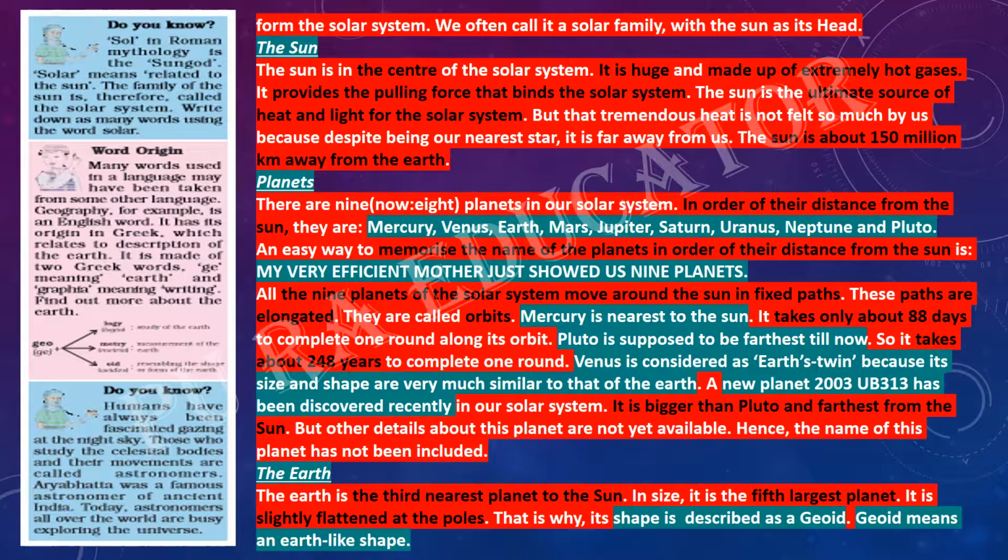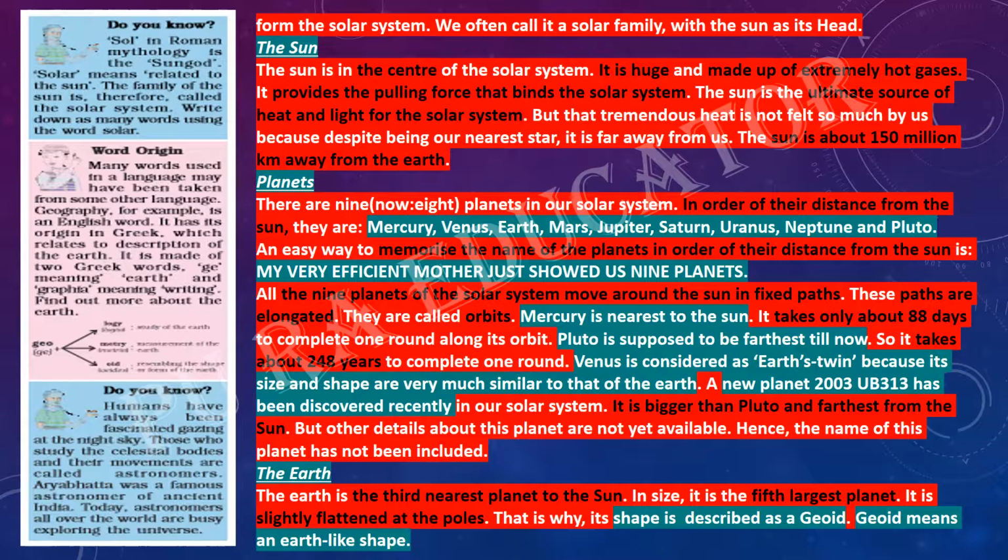Do you know Sol in Roman mythology is the sun god. Solar means related to the Sun. The family of the Sun is therefore known as the solar system. Now we'll see other facts. Humans have always been wondering about the night sky.